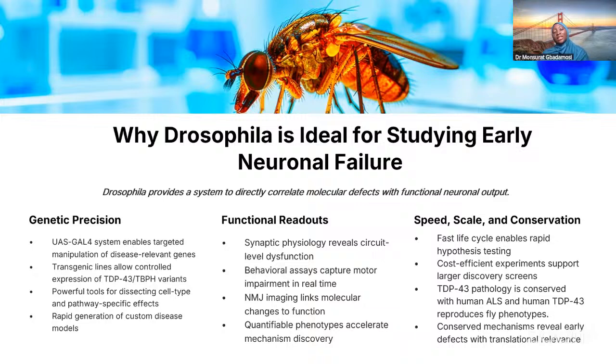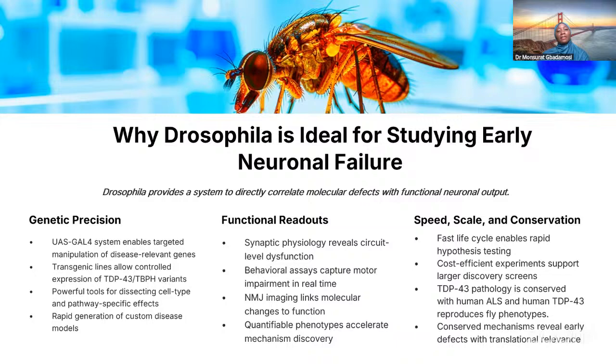I'm saying exactly the same protein, just that one is in fly and the other is in humans. TDP43 pathology has also been found to be conserved in flies and in humans. So Drosophila is very ideal to use for this kind of study.